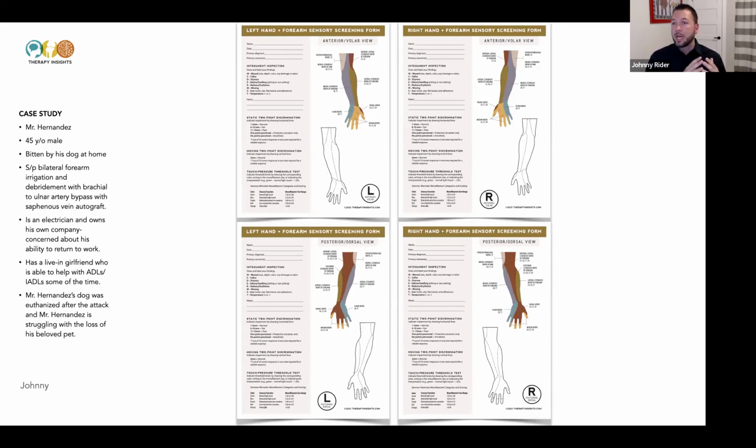And so we could track progression, like changes, both good and bad, as Mr. Hernandez is healing, as we're maybe doing some sensory work with him where we're trying to integrate and improve that, or maybe we've got some sensitivities and we're trying to desensitize some areas. But I just think we can all use a little refresher sometimes with some of our anatomy. And so this gives us all those ideas.